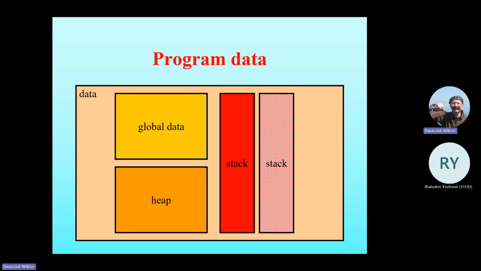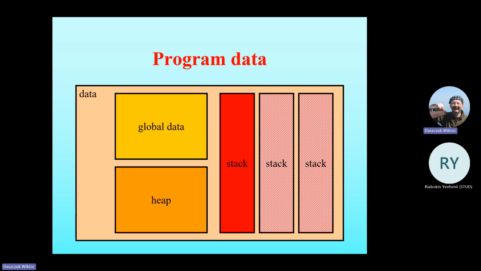Because we have multi-threading programs, typically we can have many stacks. Every thread has its own stack. This is the information that the operating system has about the data area of the program. Where are the stacks of the threads?